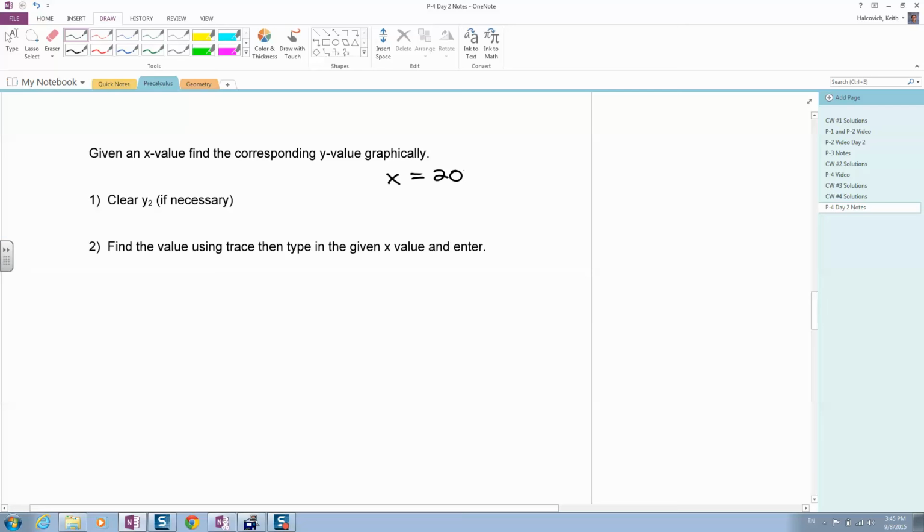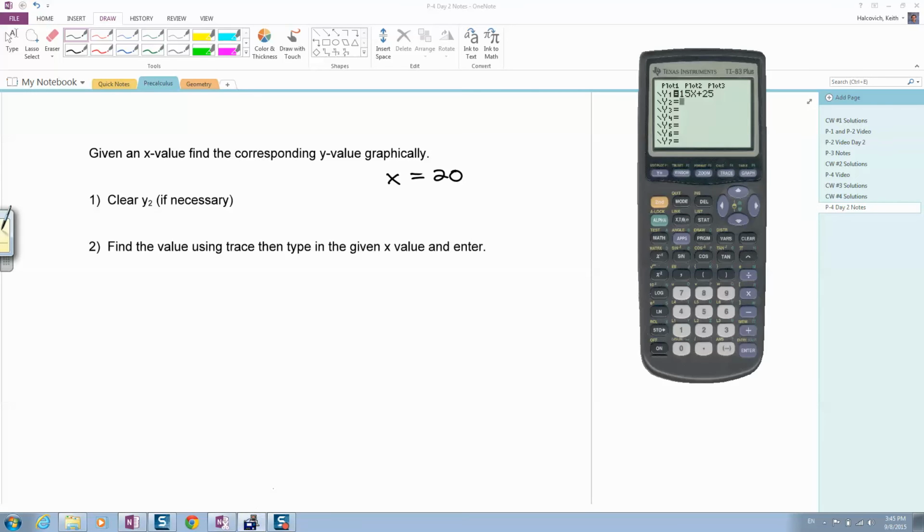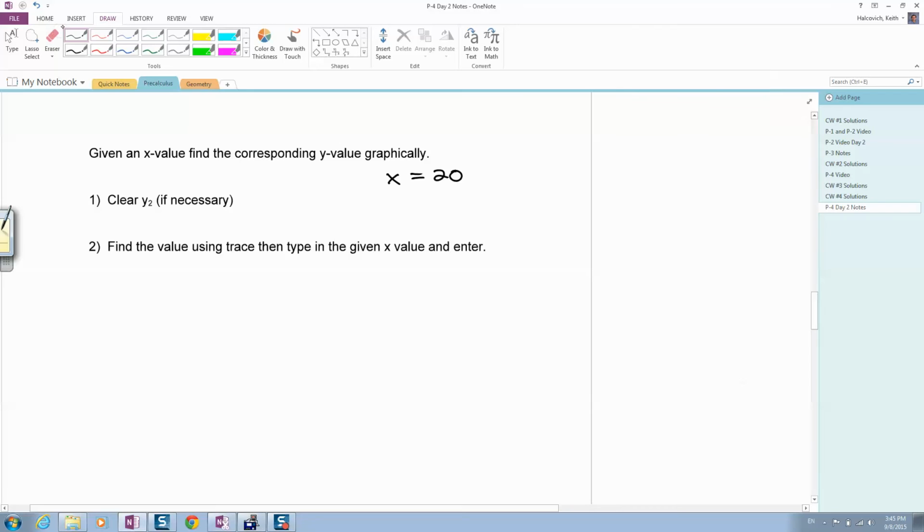Say you're given x equals 20. Let me first check if that's actually okay. Let's actually change that to in our domain of 3. We'll say x equals 3.